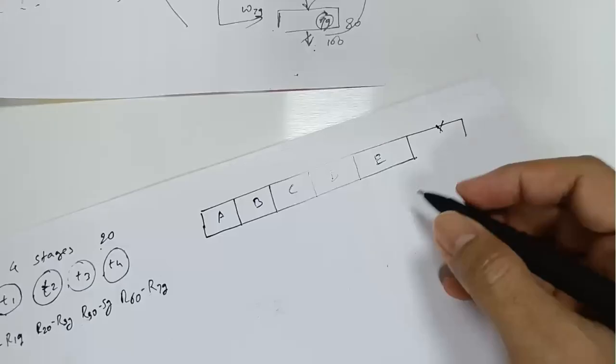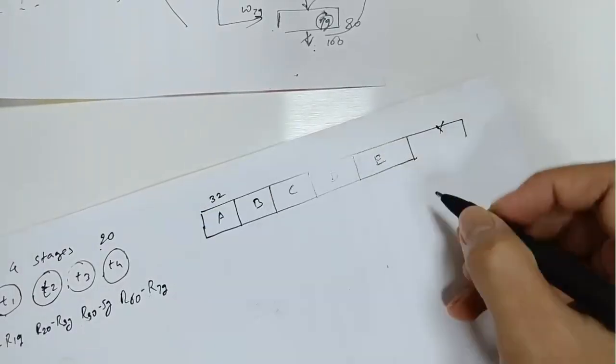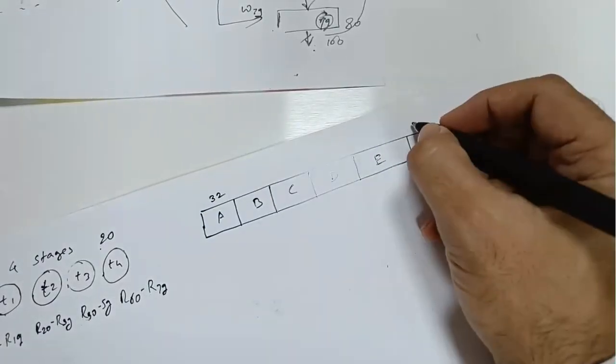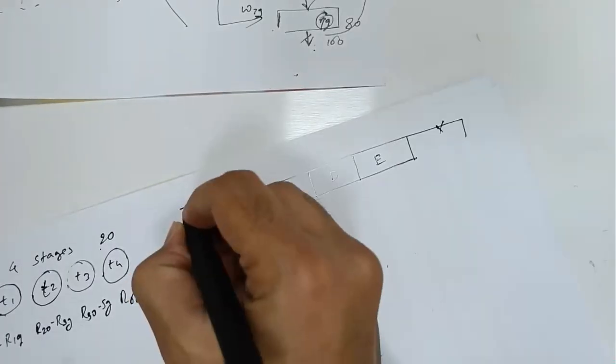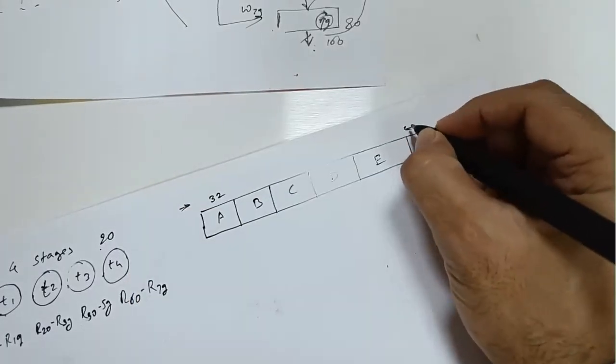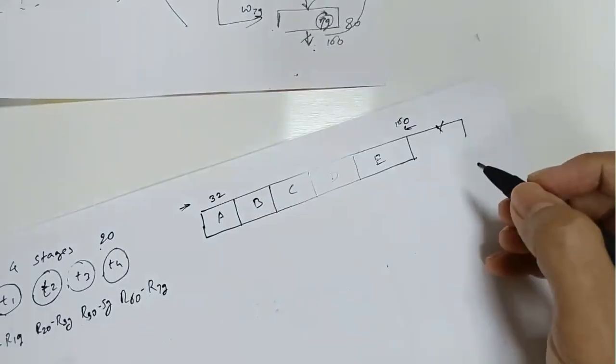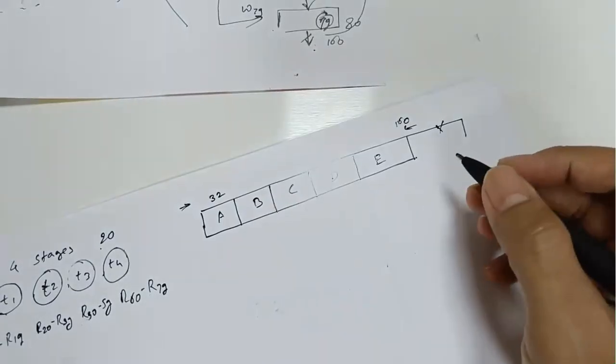Each block is of 32-bit and total is 160. Okay, 32 into 5.